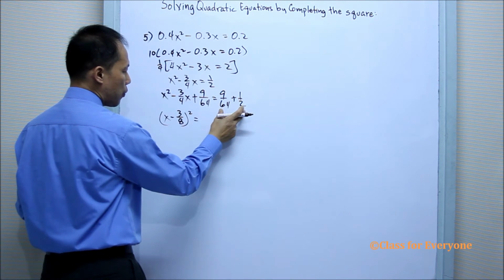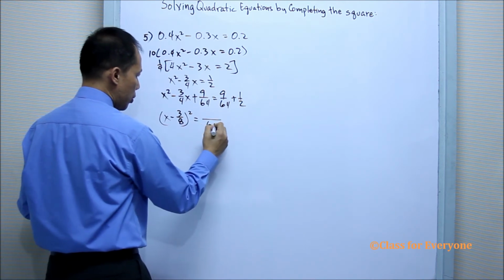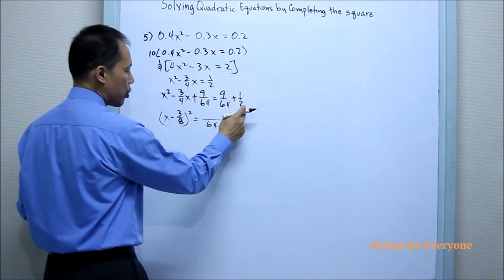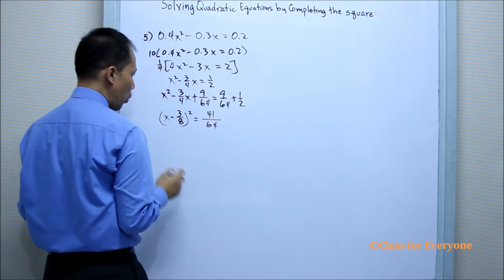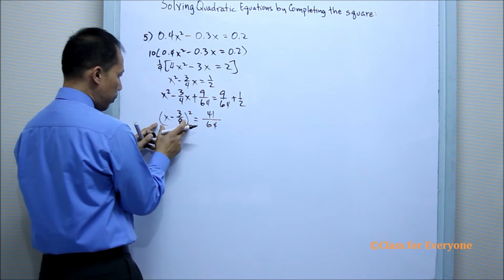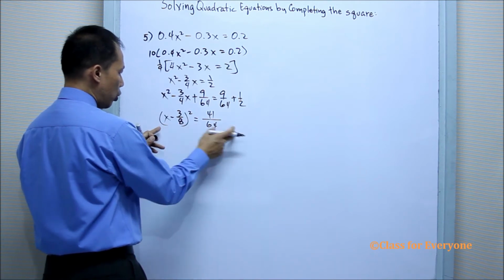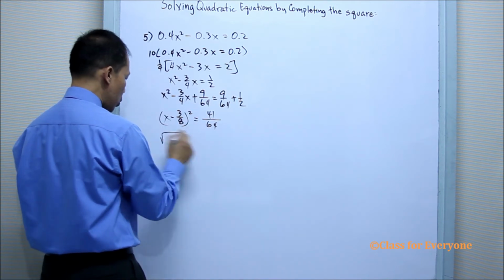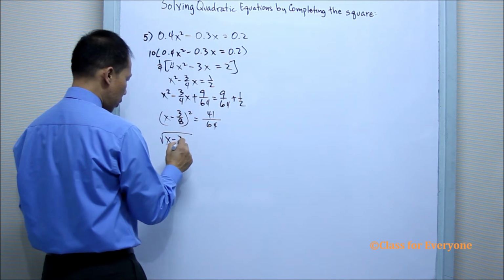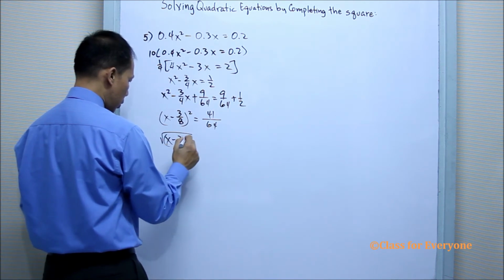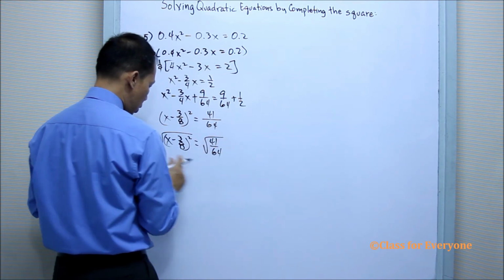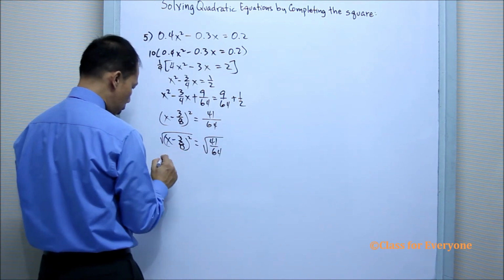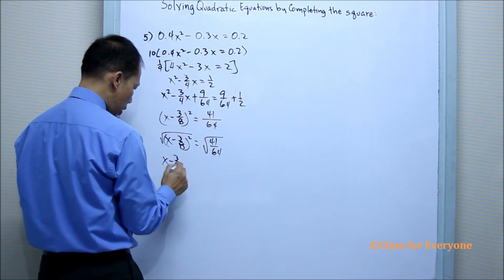And then the sum of these fractions will be 64 divided by 2 is 32 times 1 is 32, plus 9 is 41. Since this is already a perfect square, we can get the square root of both sides by extracting the roots. We will have the square root of the left side, which will be x minus 3/8.